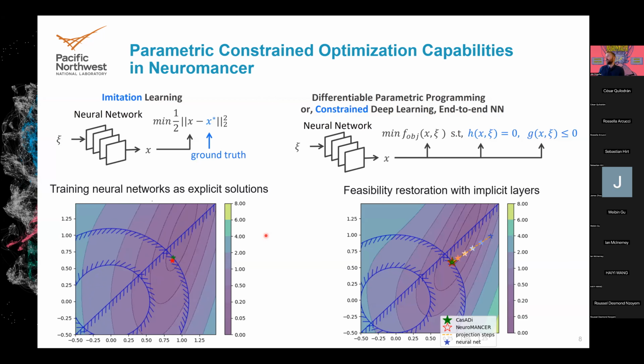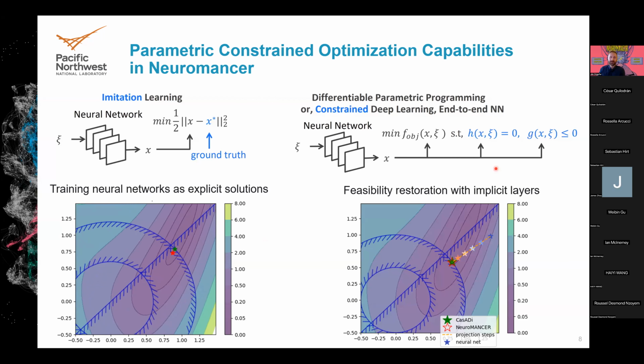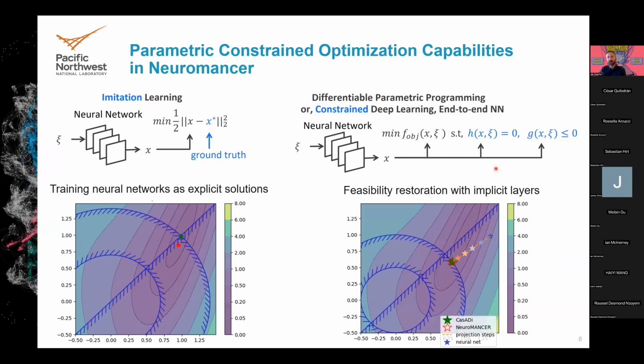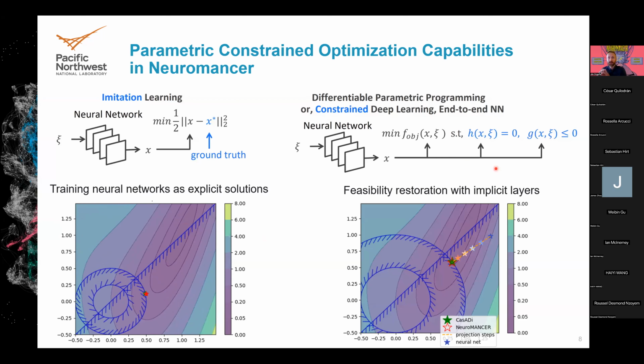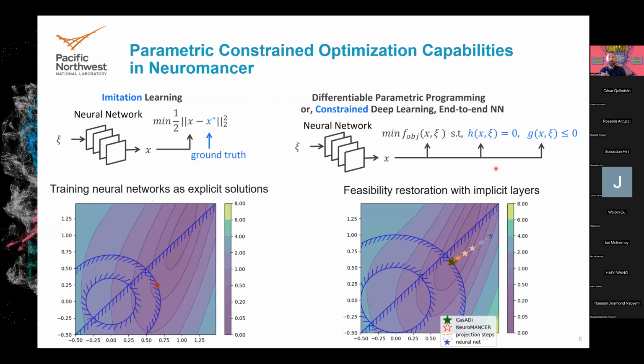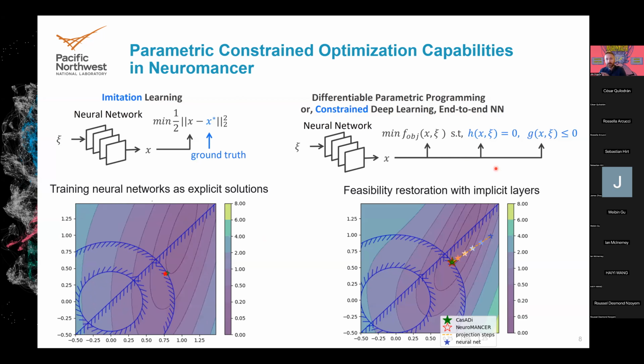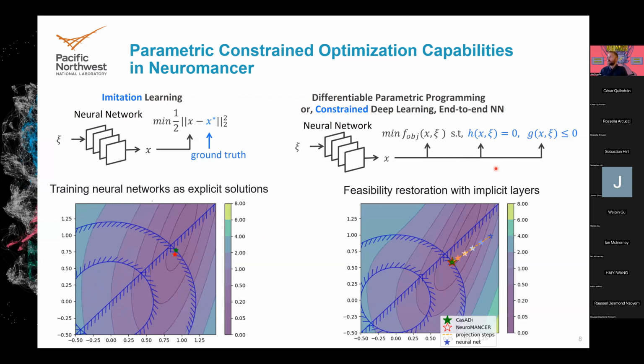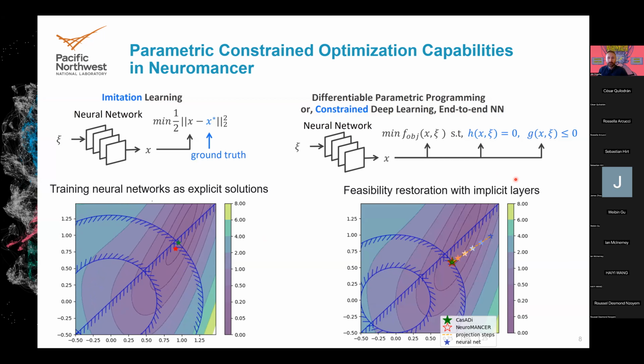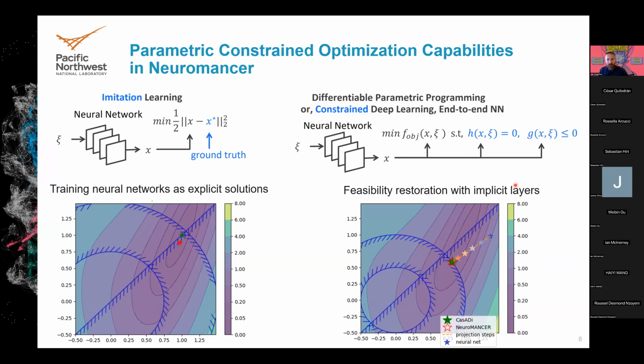However, because of the nature of differential programming, you are training this with stochastic gradient descent type methods, and very often using penalty functions to obtain the information about the gradients of your constraints. There may be some small violations, sometimes big violations, and we want to have means of correcting those and guarantee the feasibility of these solutions.